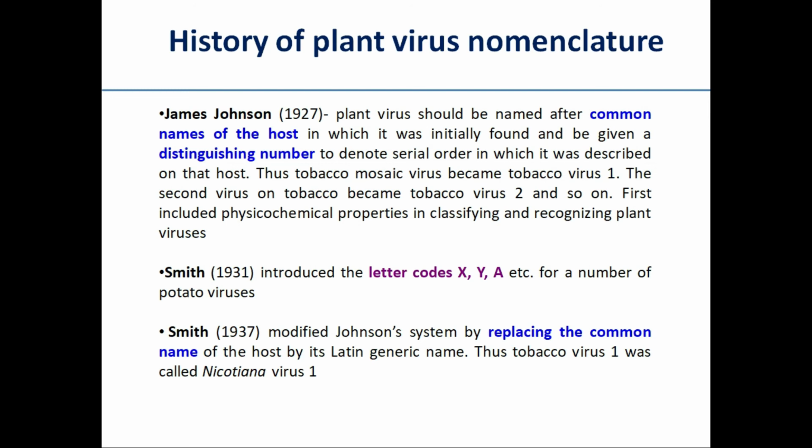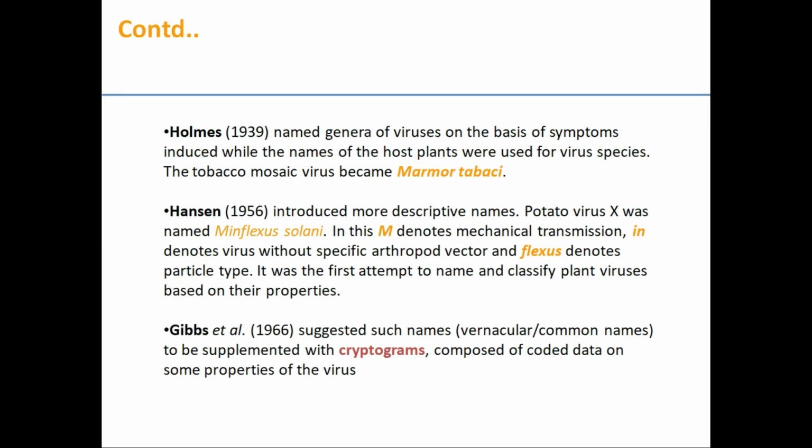Smith in 1937 modified Johnson's system by replacing the common name of the host with its Latin generic name. So tobacco virus 1 was called Nicotiana virus 1. So it is another attempt to name plant viruses. So the efforts continue.